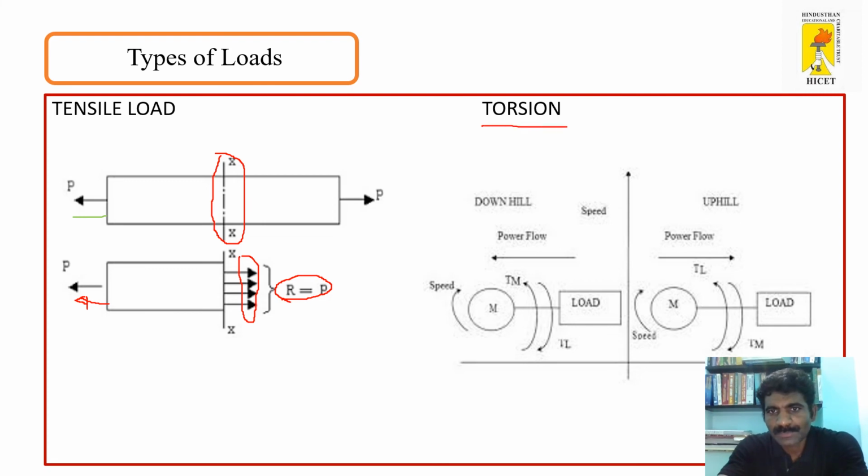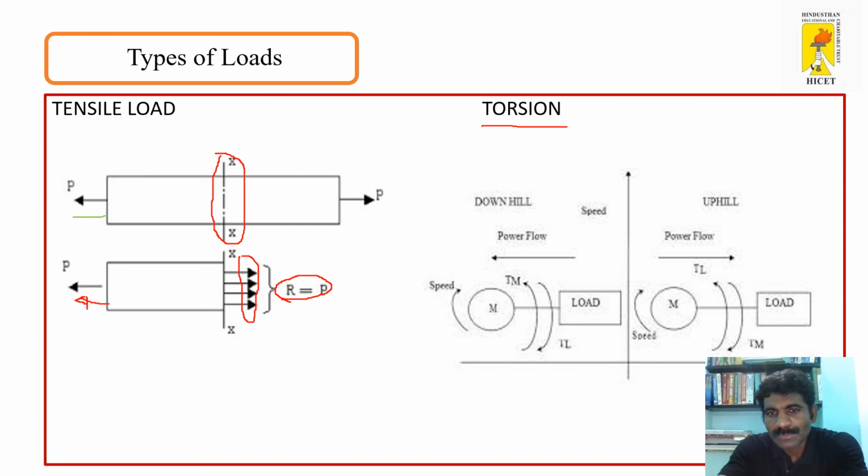So the next force here is torsion. This torsion is explained with an example, and that example is very simple. You can see the motor is connected with the load. Suppose this is an automobile, and a motor is connected with the load.